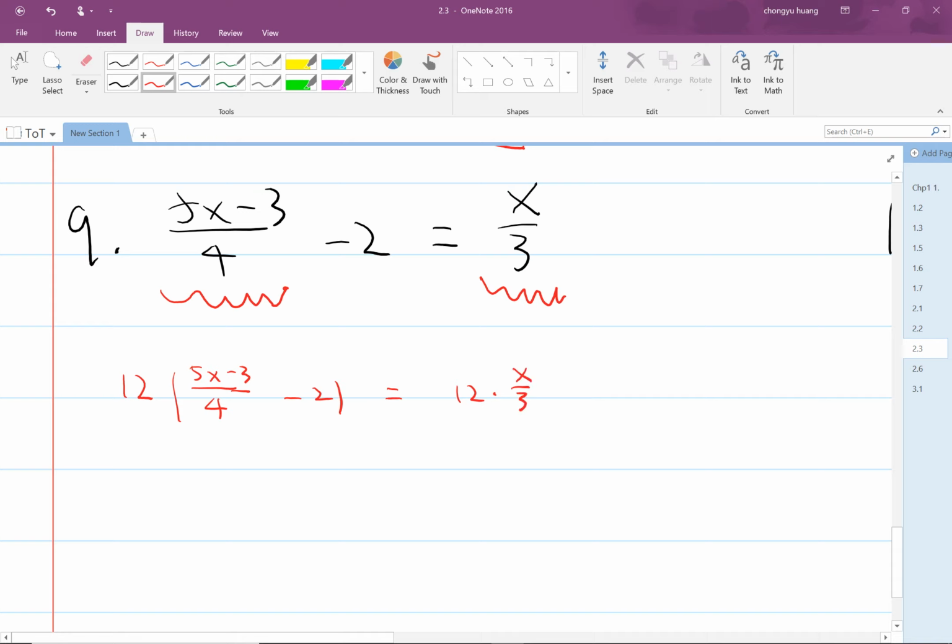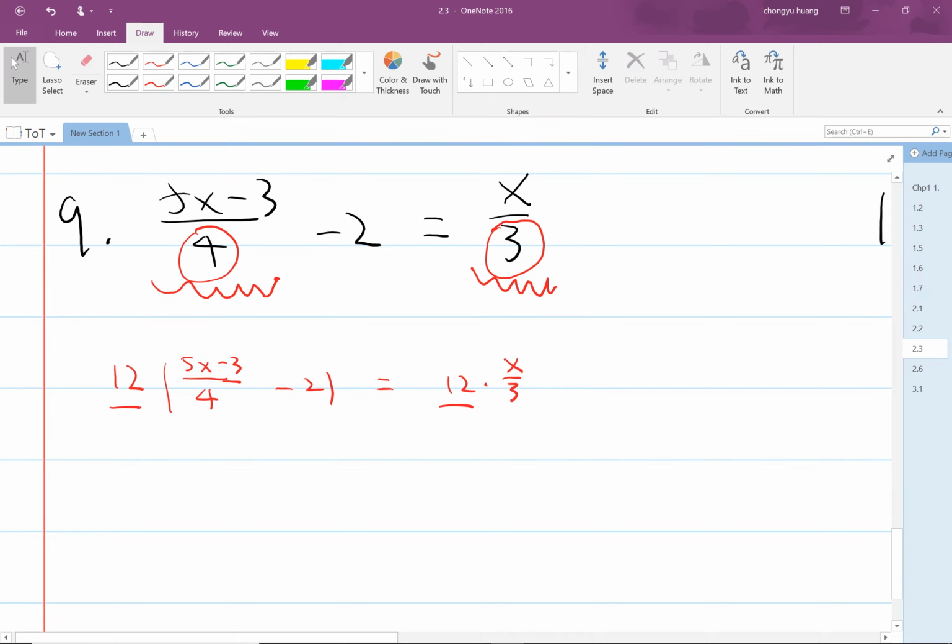The reason we want to multiply by 12 is that on the left hand side we have a denominator which is 4, and on the right hand side we have the denominator 3. So 3 multiplied by 4 is equal to 12, right? So it's equal to 12.